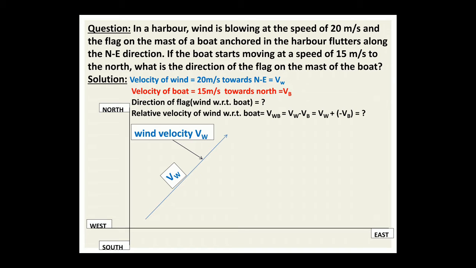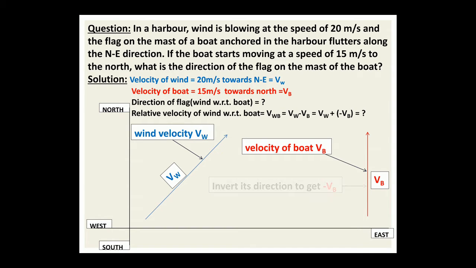You can see that this arrow is along the northeast direction. The next thing is this red arrow, written as VB, which is the velocity of boat. The red arrow is towards north, and the blue arrow is indicating the velocity of wind towards the northeast direction.